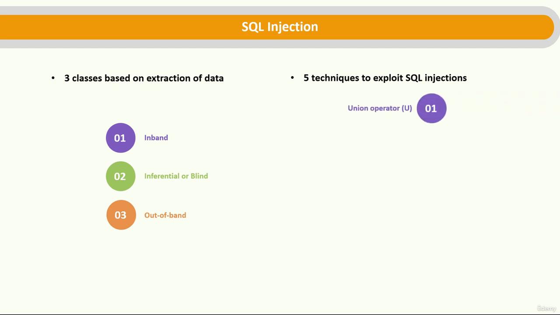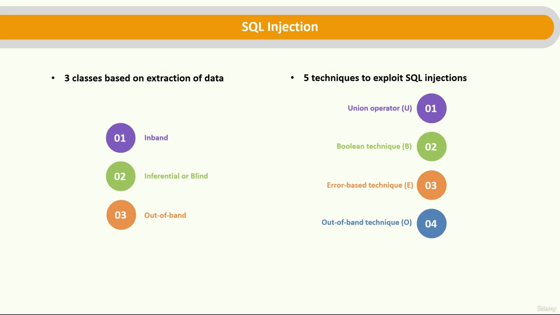The union operator can be used when the SQL injection flaw happens in a select statement, and it makes it possible to combine 2 or more queries into a single result set. The Boolean technique, so we can use Boolean conditions to verify whether certain conditions are true or false. The error-based technique forces the database to generate an error, giving the attacker or tester information upon which to refine their injection.